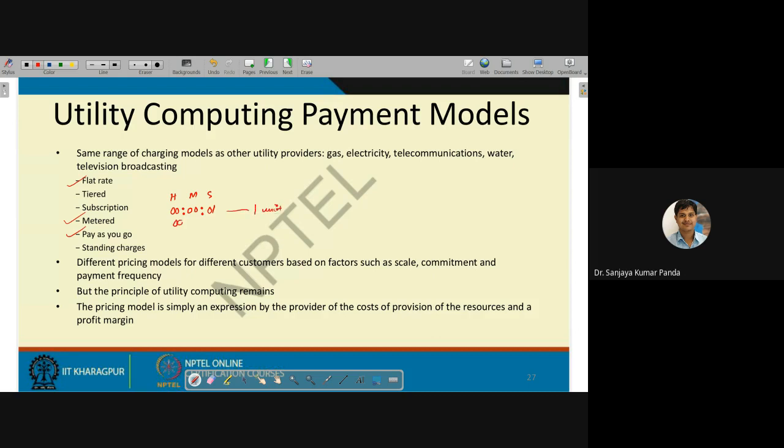Another scenario, suppose 00:00:59. How many units will be deducted in this case? Sir, 1 unit only, sir. 1 unit only, right? So this is called meter reading.